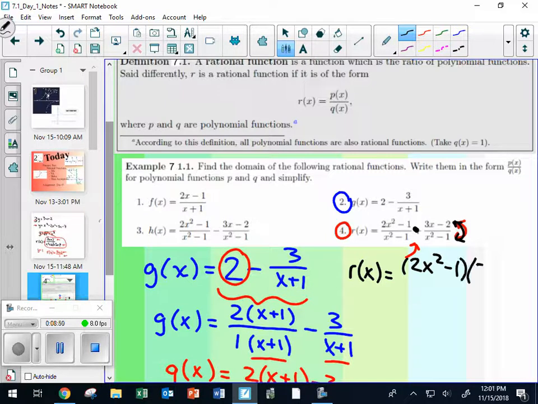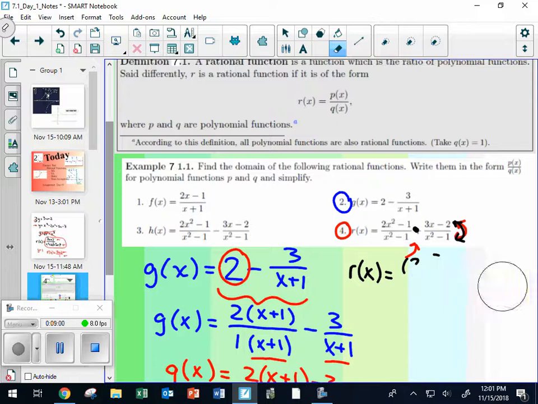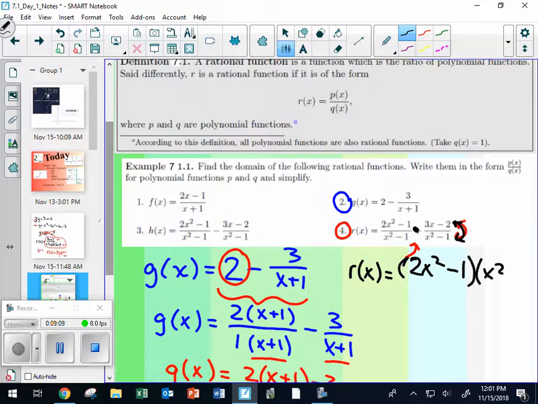So if we're multiplying across, we end up with 2x squared minus 1 times 3x minus 2 over, oh, I already made a mistake, didn't I? I forgot to flip them. So, trying this again, we have 2x squared minus 1 times x squared minus 1, and that is over x squared minus 1 times 3x minus 2.